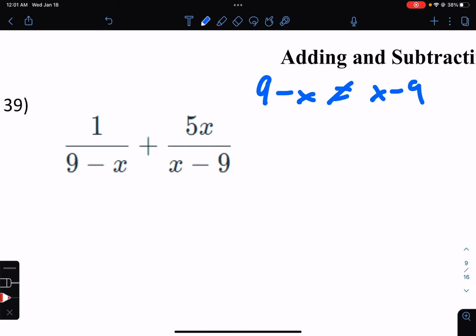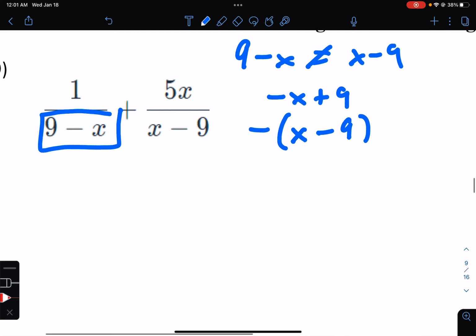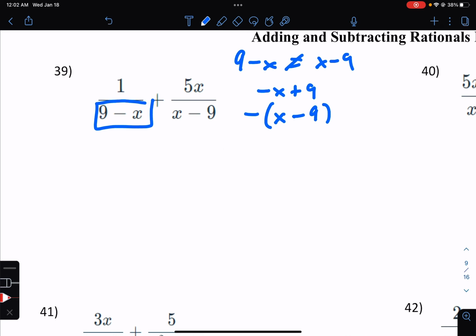But this guy's kind of funky looking, so if we rewrite him as negative x plus 9, because that's essentially what it is, and we take that negative out in front, we end up with x minus 9. So we have 1 over negative x minus 9. Now, if you look, this is very similar to this guy, right?